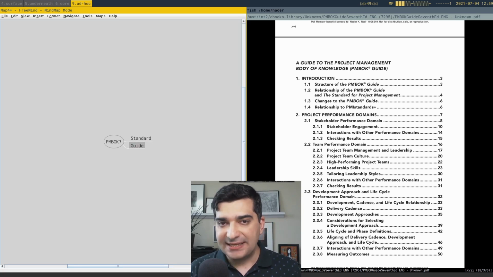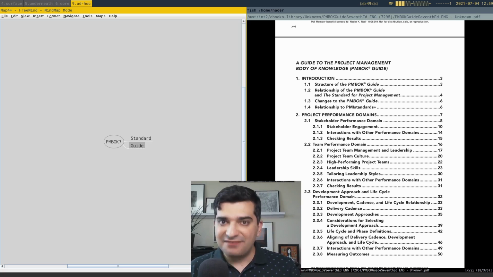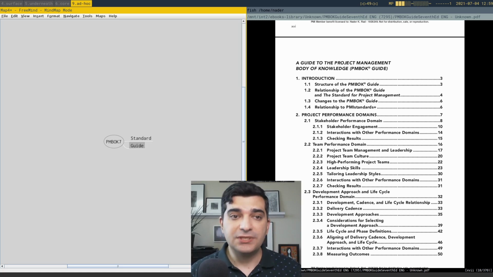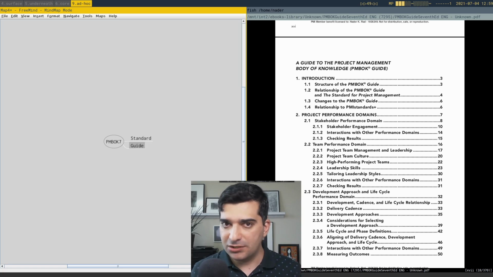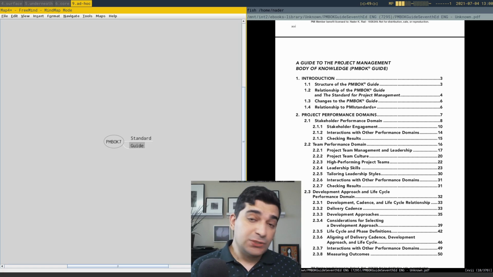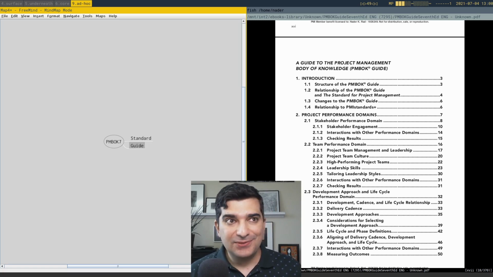We've always had these 2 sections before, well, except maybe for a couple of first editions. But after that, it was there all the time. The standard is the part that follows ANSI's standard guidelines and so on. And for those of you who have been following everything in the PMBOK guide, you know that we had an exposure draft before where we invited everyone to come and tell us what they think about it.